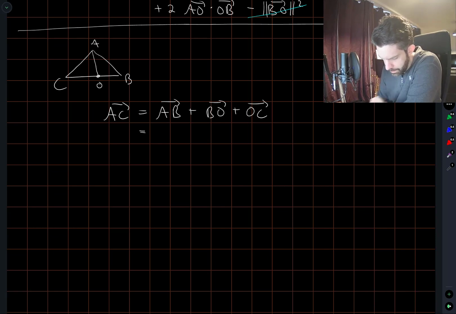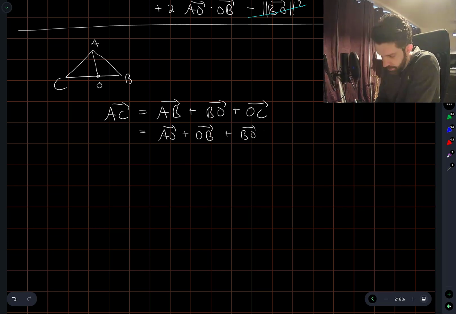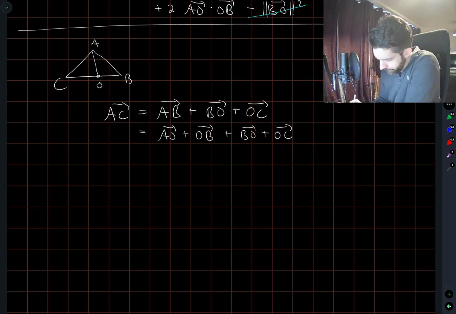And AB, again, I'm going to try and write everything in terms of vectors where at least one of the endpoints is the origin, because I feel like that'll be the easiest to juggle around and see some of the cancellations later on. Okay, so AB is AO plus OB, plus BO plus OC. So these in fact cancel.